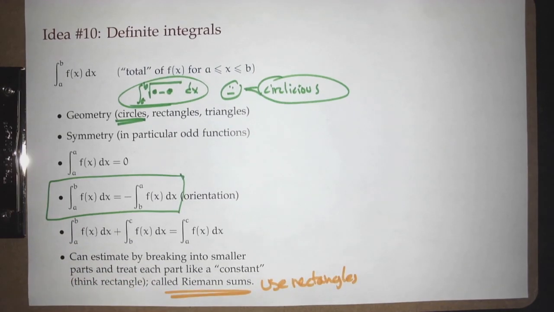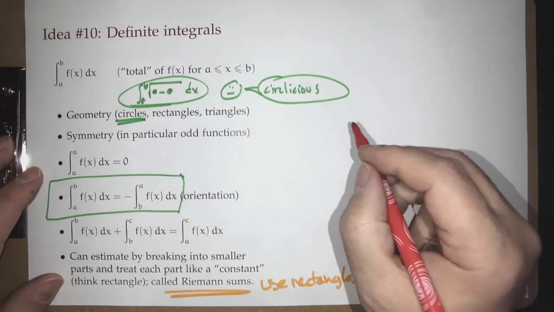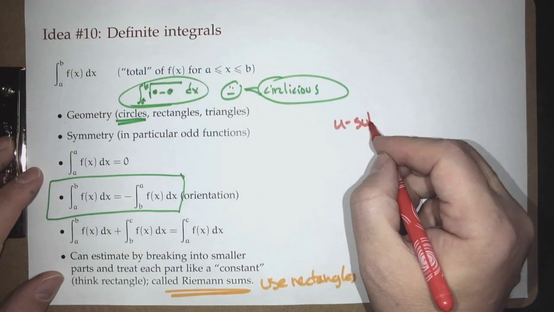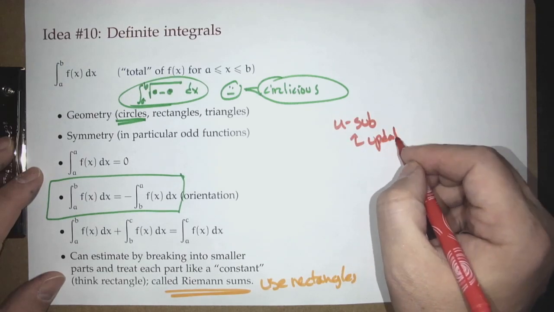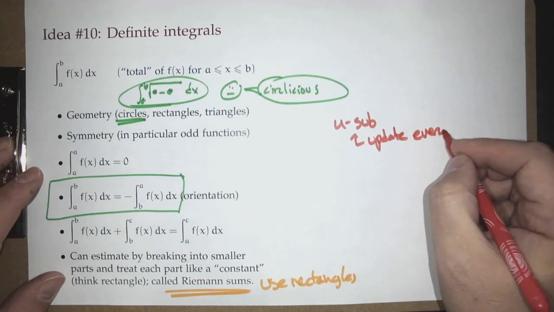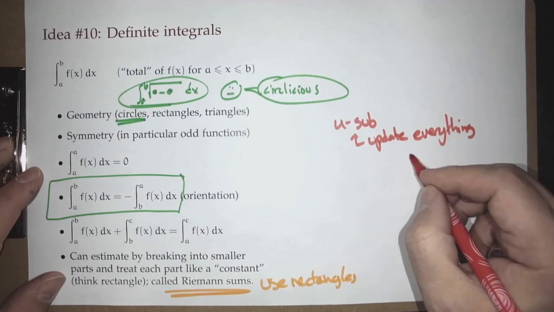Now, a quick comment here about definite integrals. Substitution is a great tool for definite integrals. When you do use substitution, what do you need to update? Yeah, update everything, including the bounds. Now, how do you update bounds?